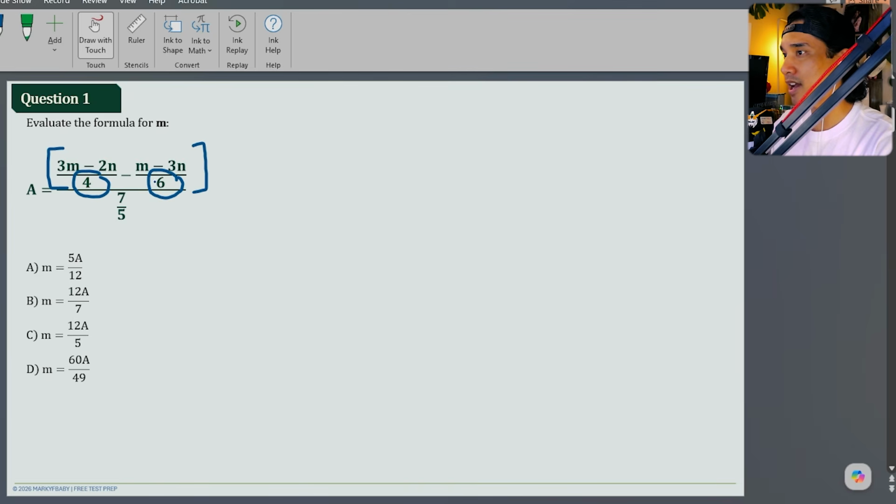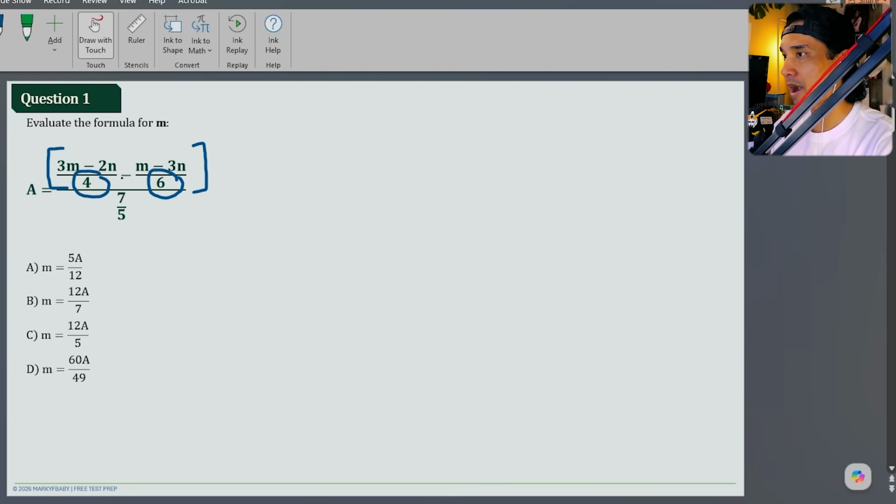And within the top, I see the denominators aren't the same. And in order to add and subtract fractions, you need to have a common denominator. Denominator. Yeah, that is a tongue twister of a word.